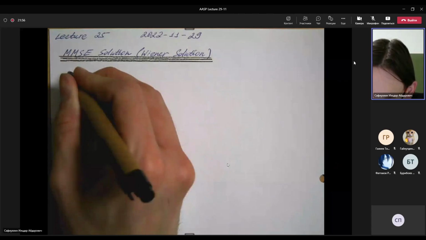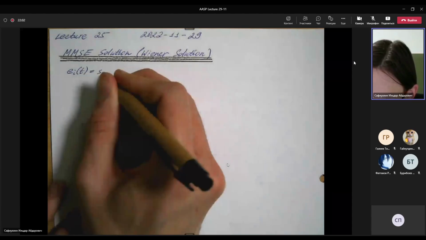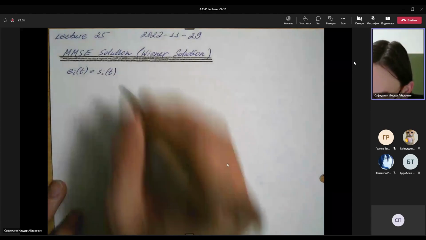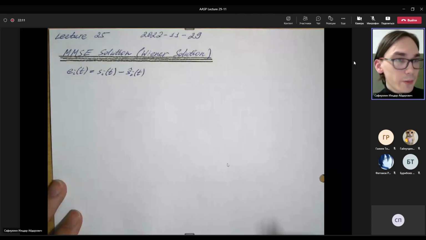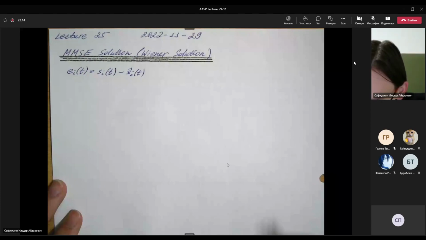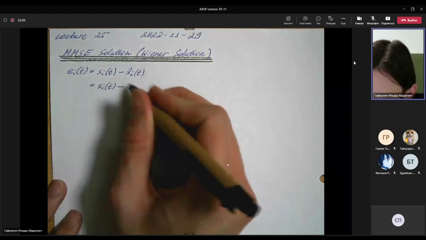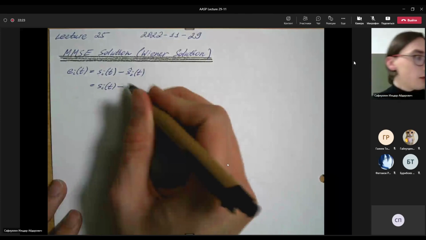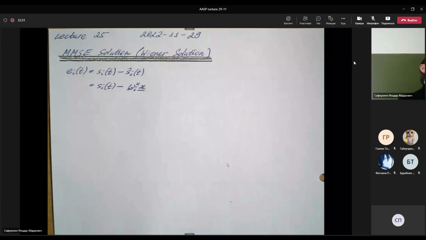Let's start with this thing, which is s_i of t minus the estimate, or we can rewrite this as the original signal minus our weight vector for the ith source times the received signal x. So this is our estimation error.